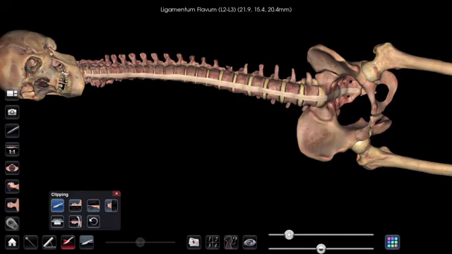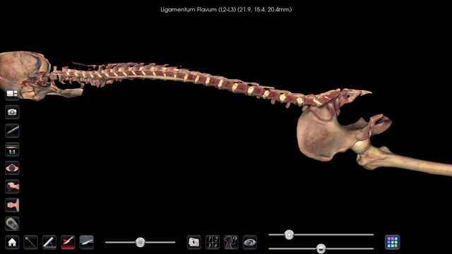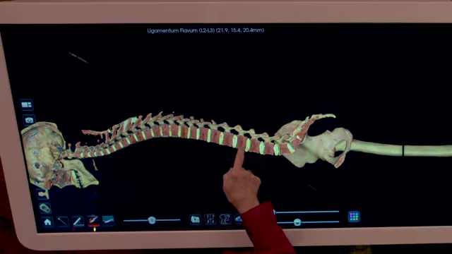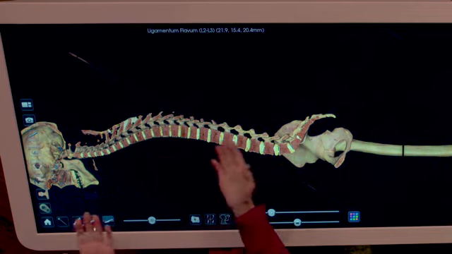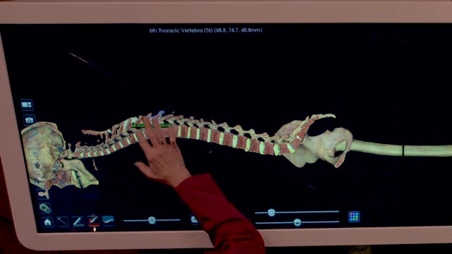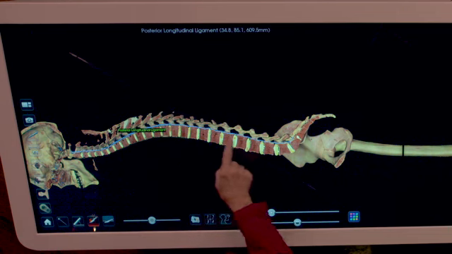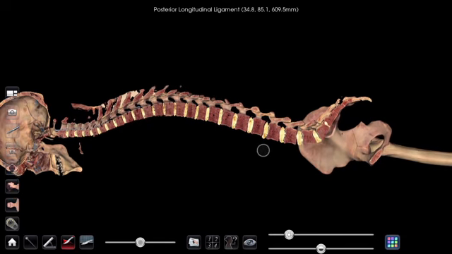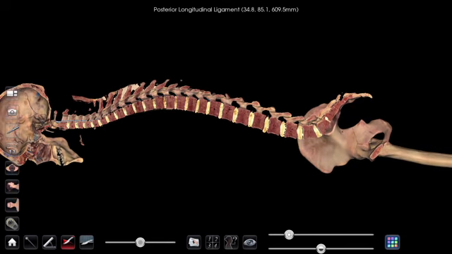And if we section the vertebral column in half, we can get the sense of how the intervertebral foramina allow the nerves to exit, and anterior to them is the posterior longitudinal ligament that is the counterpart of the anterior longitudinal ligament that runs down the anterior surface of the bodies of the vertebrae.